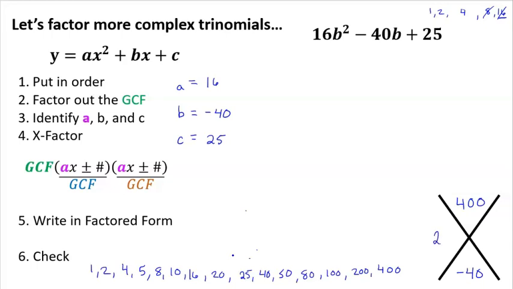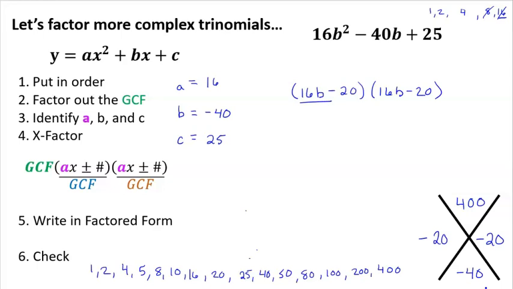But from here, we know that this is 20 and 20. And then to get negative 40, it's going to be negative 20 and negative 20. So now we're going to go ahead and write it out in factored form. We didn't have a GCF, so 16b minus 20, and then 16b minus 20.